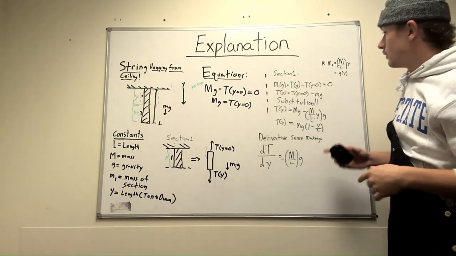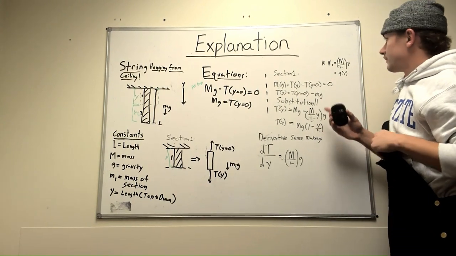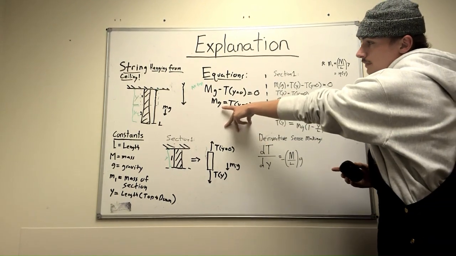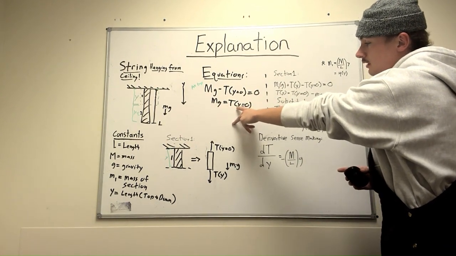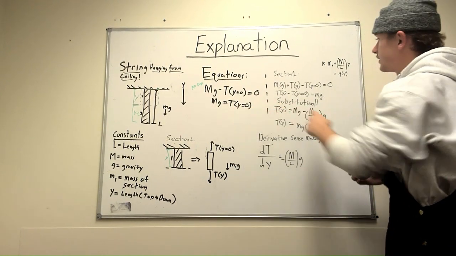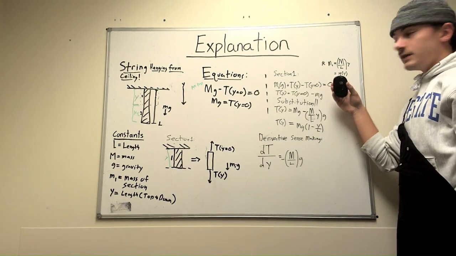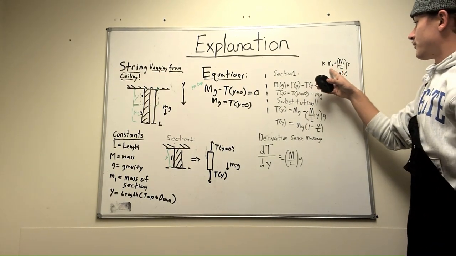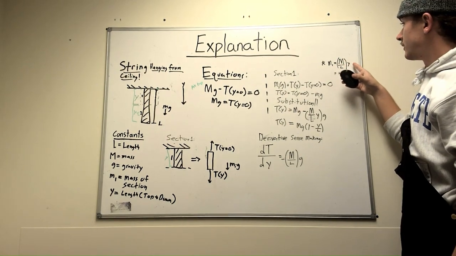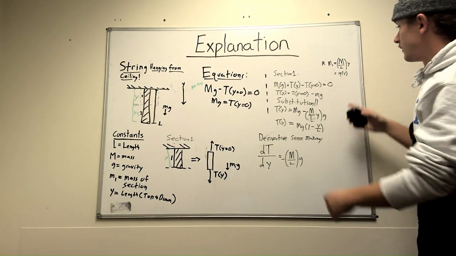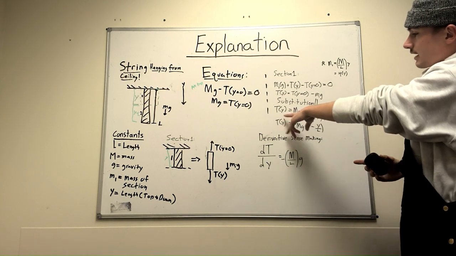But before we proceed, we must use substitution. So we must take our answer from earlier, that M times gravity is equal to the tension when y is equal to 0, and we must use a linear density formula, where m1 is equal to the overall mass of the string divided by the length times the length y. So from here, we substitute these back in.